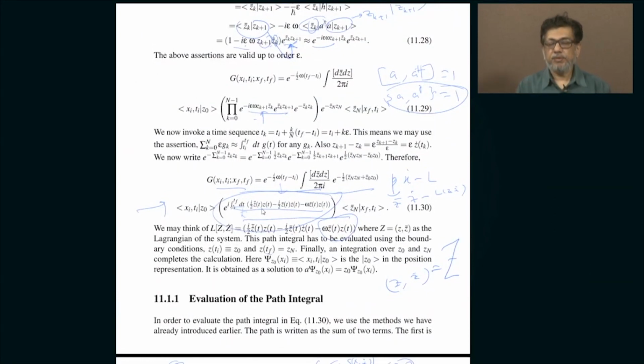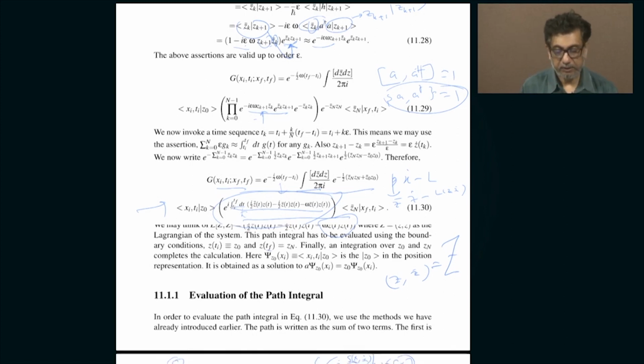So, now if I want to evaluate a path integral, how did we do it in the case of the harmonic oscillator when we were studying it in the x dot language, that means in terms of the original position and generalized velocity language?